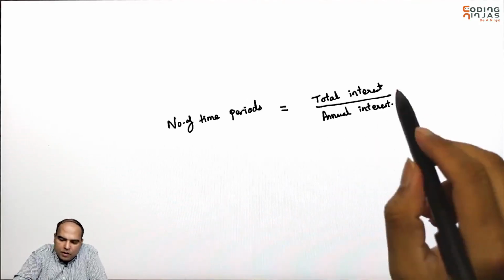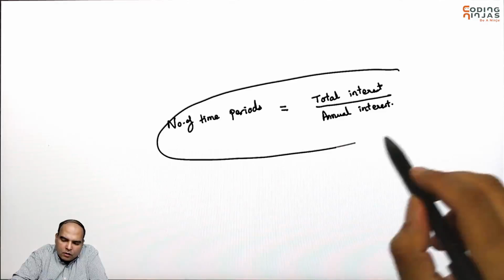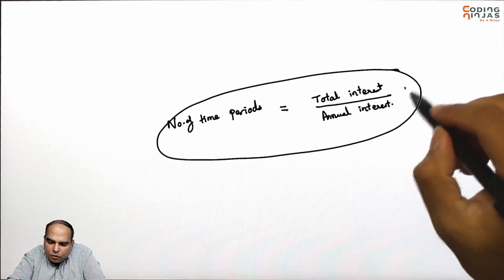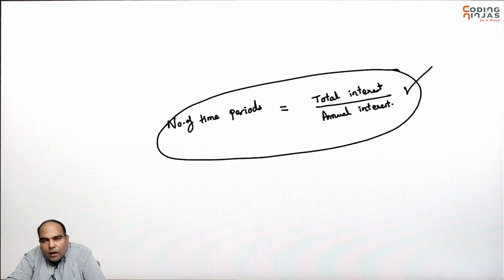Right? And this logic is much more useful than the PRT by 100 formula that the maths books teach us. Right? So this is something you should know and you should be able to build. So this is the first thing that I wanted to show you.